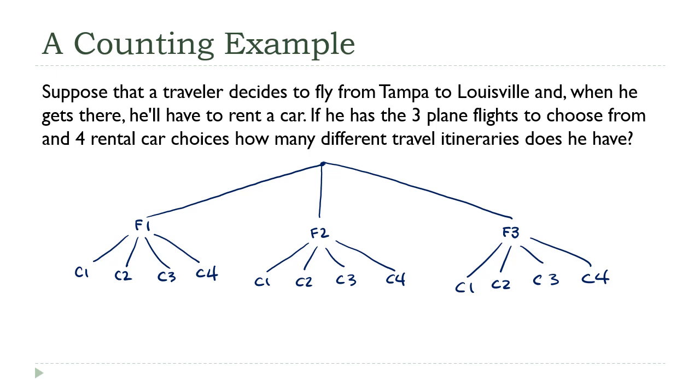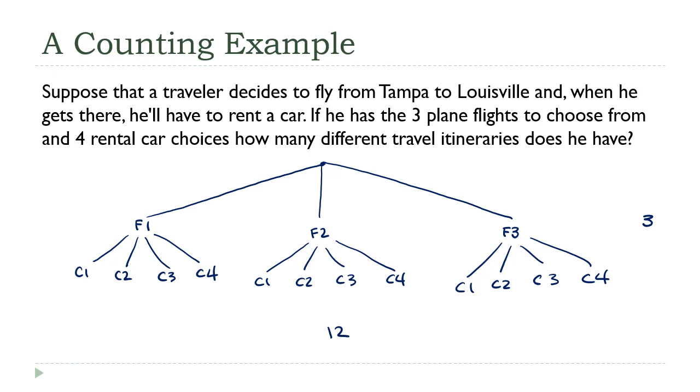And now I know how many different selections he has altogether. Every end branch here represents a unique combination of plane flight and car. So you just count along the bottom row here, and you see pretty quickly that he has a total of 12 possible itineraries. So if we take a step back and think about this a little more conceptually, he had 3 options for the first choice.